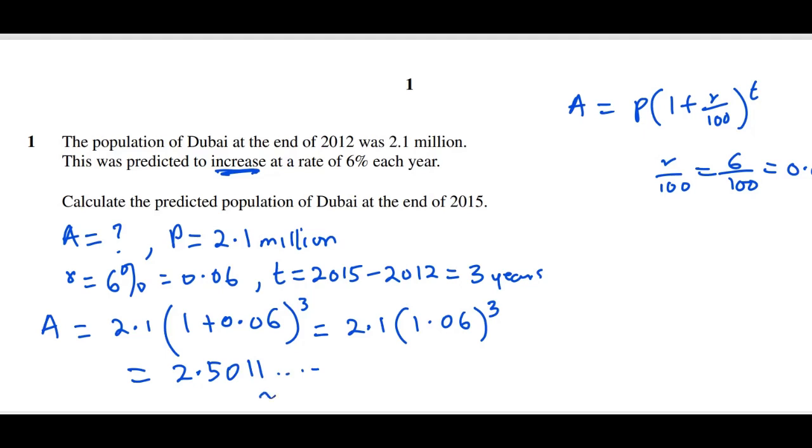So we can round this up to be 2.5 million. So this will be the predicted population of Dubai at the end of 2015.